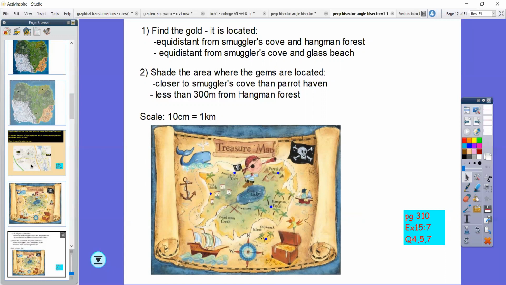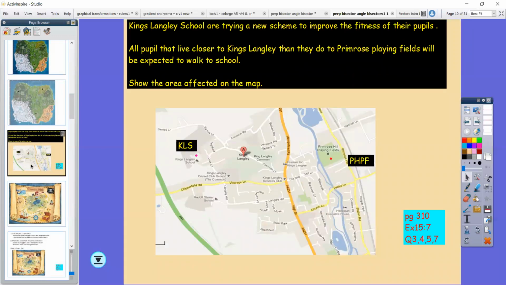And another thing that I've done, putting the bisector here, is with the school here. So I'll make up a scenario here. Okay, all pupils that live close to Sing Line, they go to Primrose Playing Fields, are expected to walk to school. I don't think that's a bad idea. And we can get into a nice little friendly argument about whether that's a good thing for those students who actually live on the doorstep of the school but still manage to get there late. Show the area affected on the map.